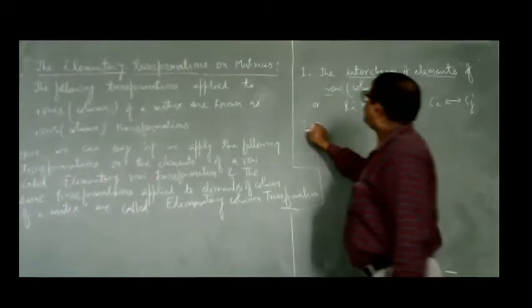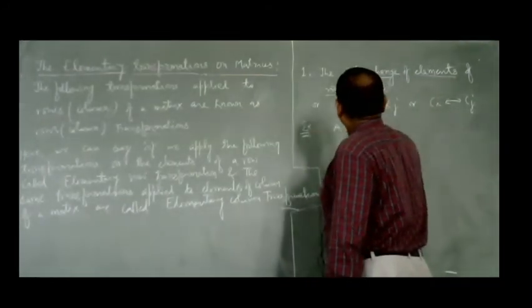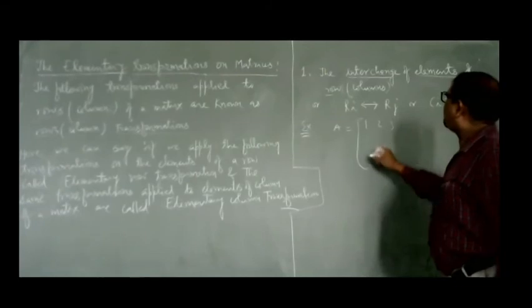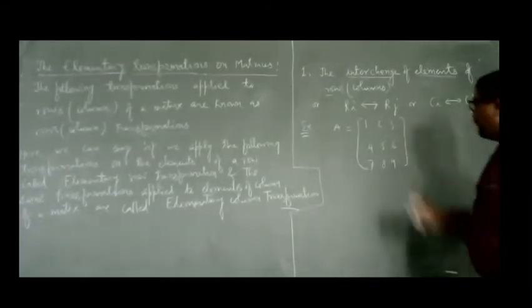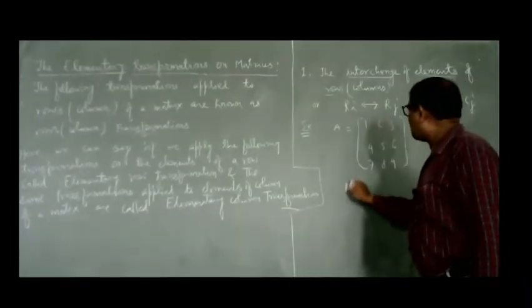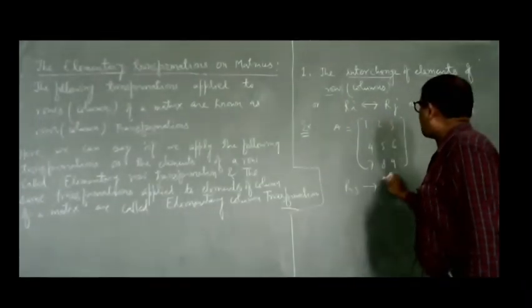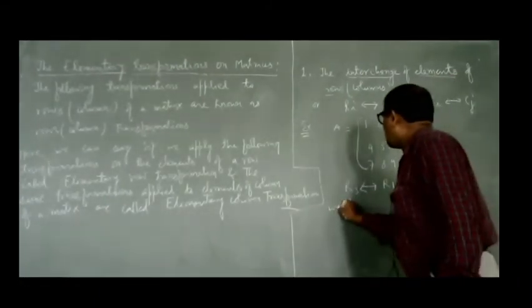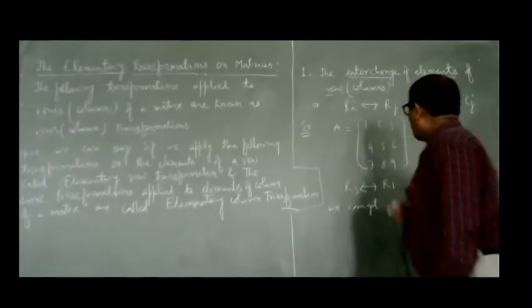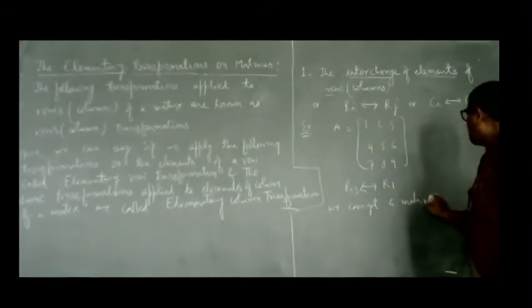For example, if A is the matrix 1, 2, 3, 4, 5, 6, 7, 8, 9, when we apply the transformation R3 interchange with R1, we get a matrix B as 7, 8, 9, 4, 5, 6, 1, 2, 3.